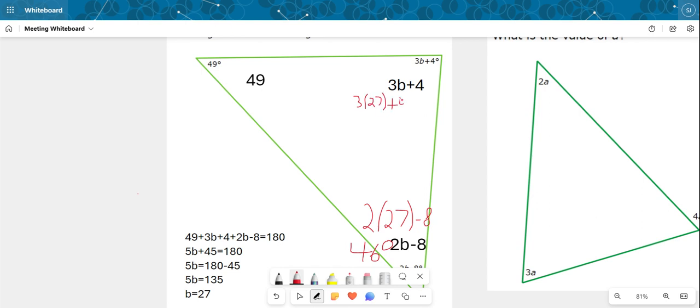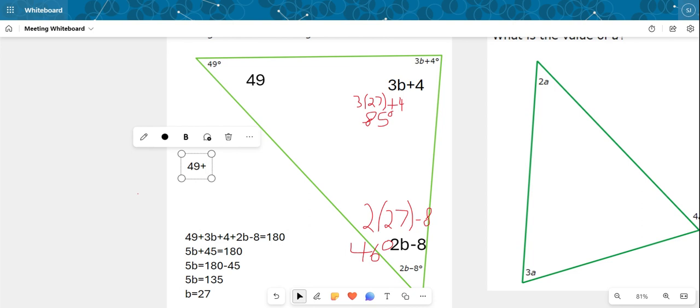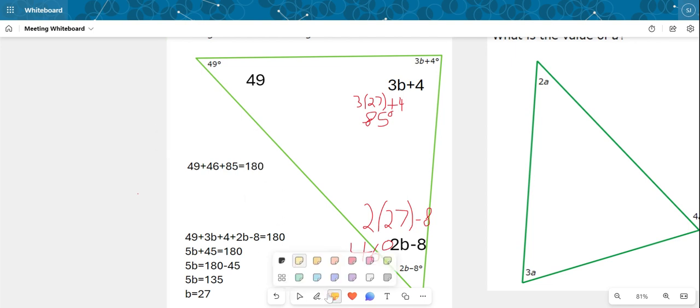That's going to be 81 plus 4, or 85 degrees. And we could check that these all add up to make 180. If we check it, we get 49 plus 46 plus 85 does in fact equal 180. This is correct.